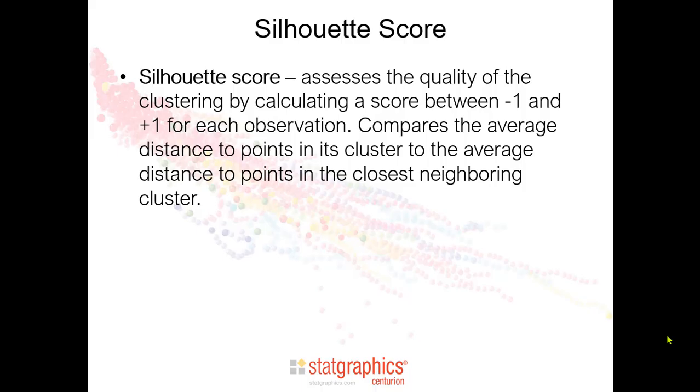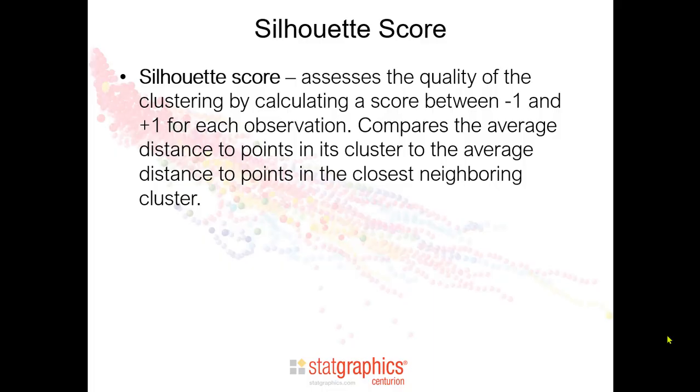The k-means procedure also calculates silhouette scores. Silhouette scores assess the quality of the clustering by calculating a number between -1 and +1 for each observation. The score compares the average distance of an observation to points in its own cluster compared to the average distance to points in the closest neighboring cluster.